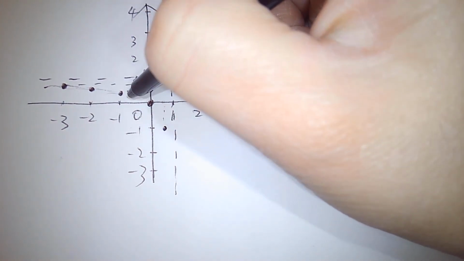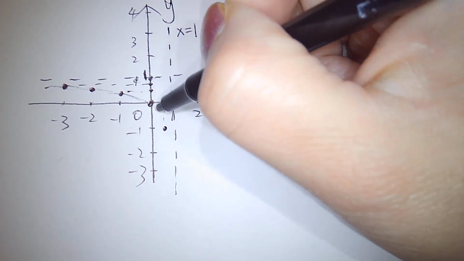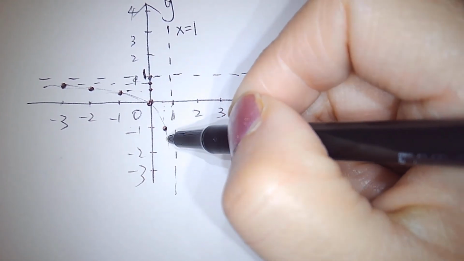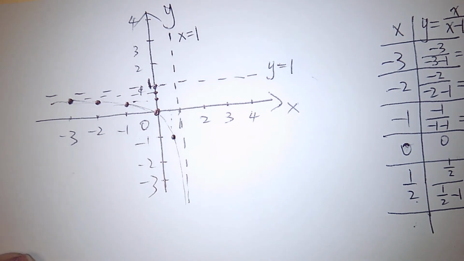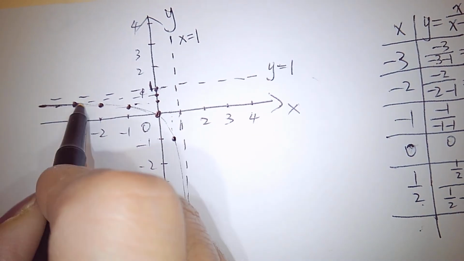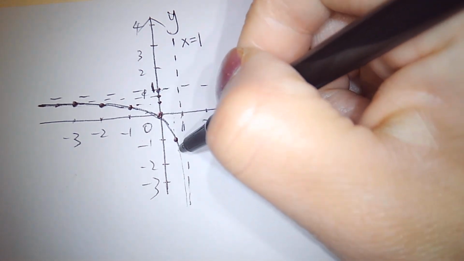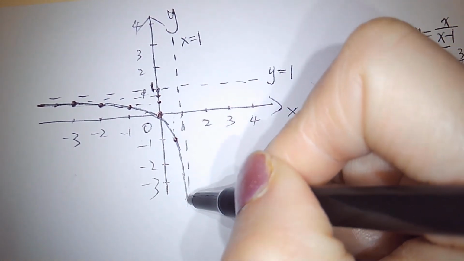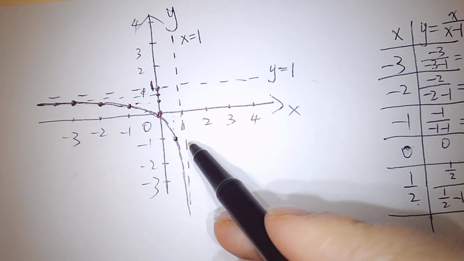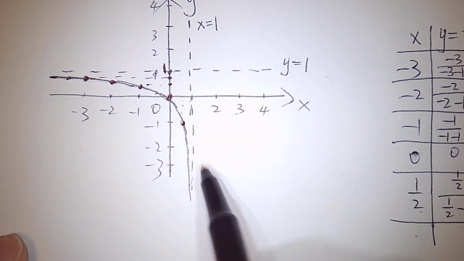However, do you see the tendency of the graph right now? See? Our graph cannot cross the vertical asymptote.